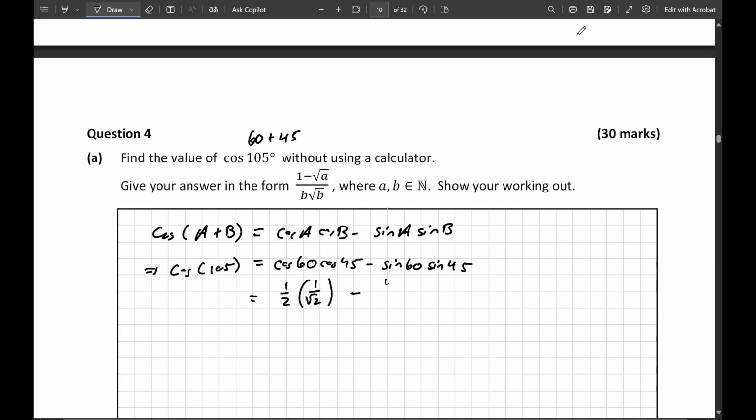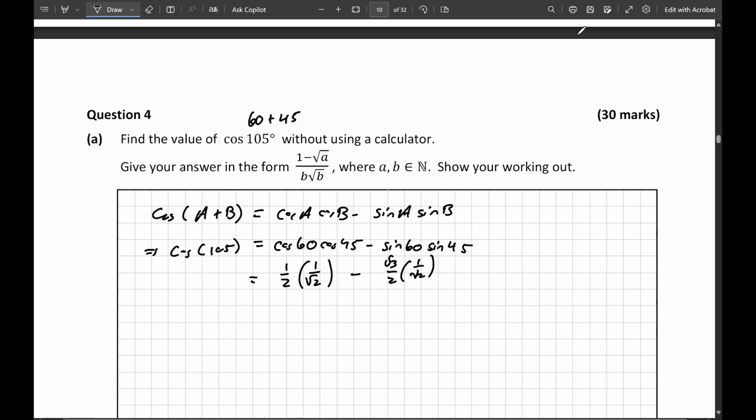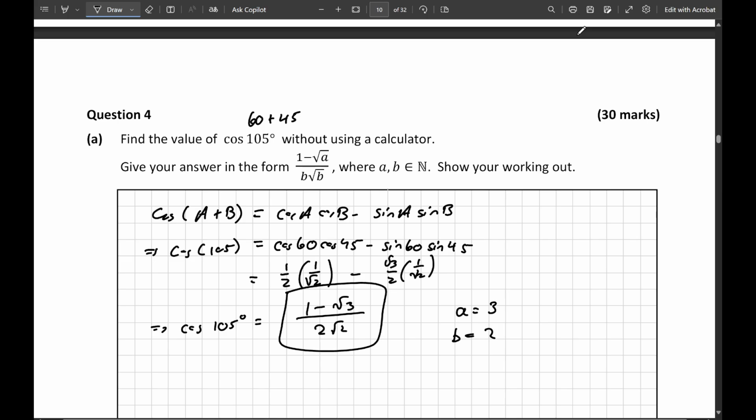Take away sine of 60, which is root 3 over 2, times again 1 over root 2. And perfect, we can get a factor of 2 root 2 down the bottom. And then we'll get 1 take away the square root of 3 on the top. So if I'm being pedantic, A is 3 and B is 2.